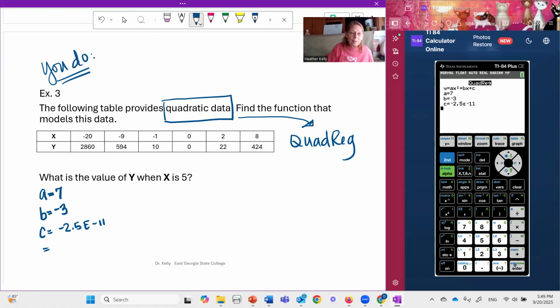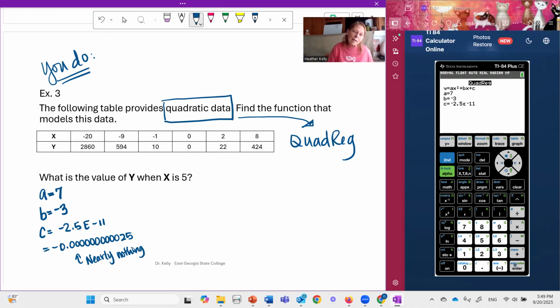That number is actually 10 zeros, and we're moving this decimal place 11 spots that way. So it's negative 0.1, 2, 3, 4, 5, 6, 7, 8, 9, 10, 2, 5, which essentially is nearly, but not quite, nothing.